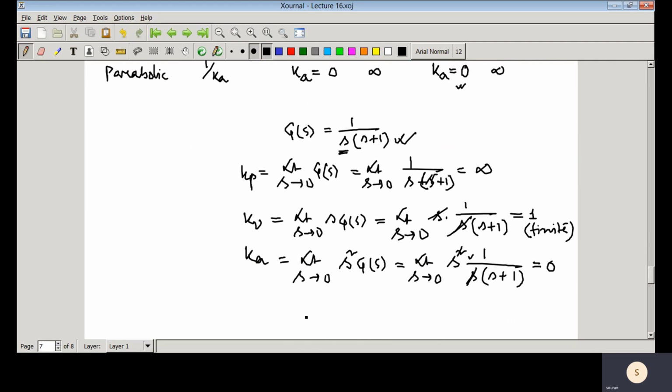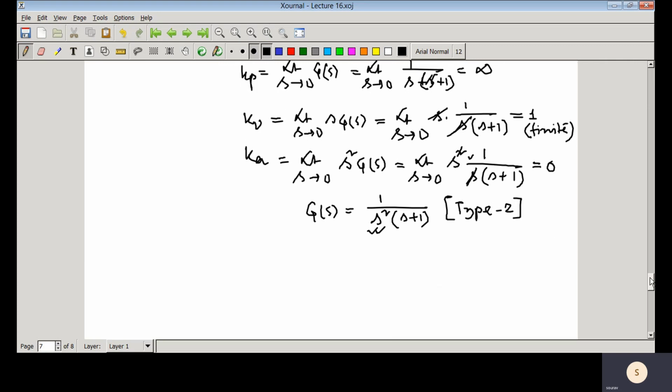So type 2 system means, suppose you have G(s) equal to 1 by s square plus s plus 1. So this is type 1 and this is type 2. This is type 2 because you can see here that two poles are at origin.